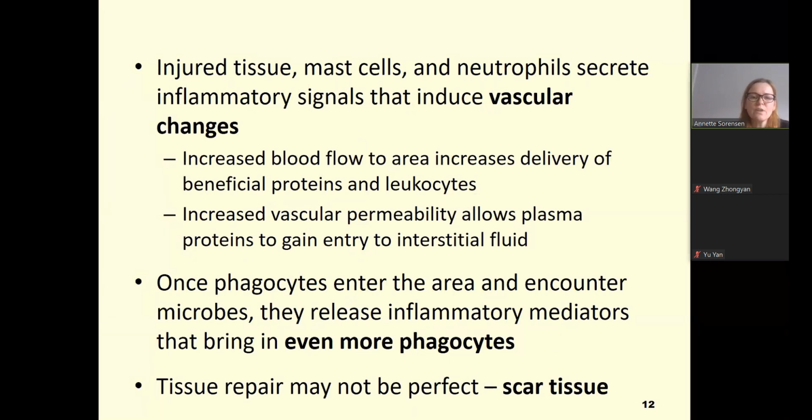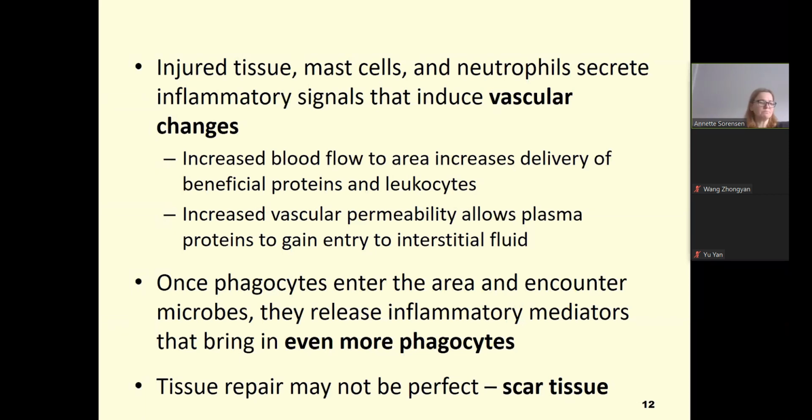It also increases the permeability of plasma proteins to gain entry to the interstitial fluid. Once these phagocytes enter the area and encounter these microbes, they release inflammatory mediators, and that activates even more phagocytotic cells to the site of that injury.